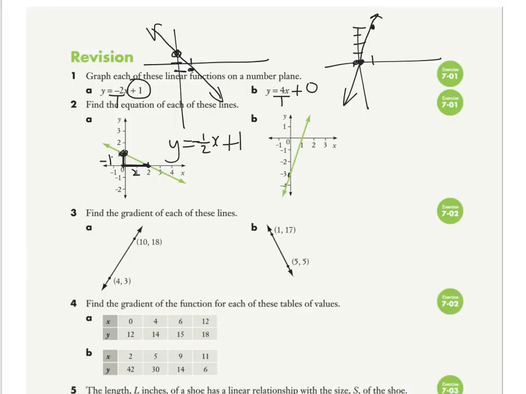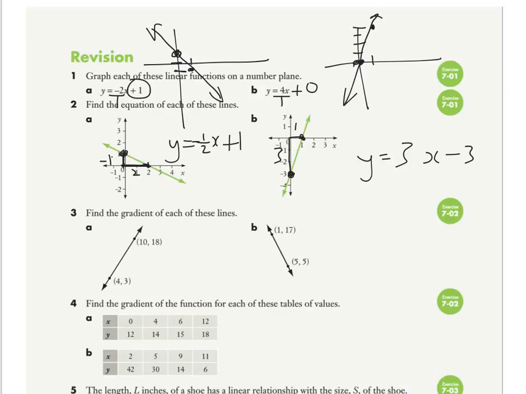Now b, we have a y-intercept of negative 3, and we rise to get to this point 3 and run 1, and 3 over 1 is 3.